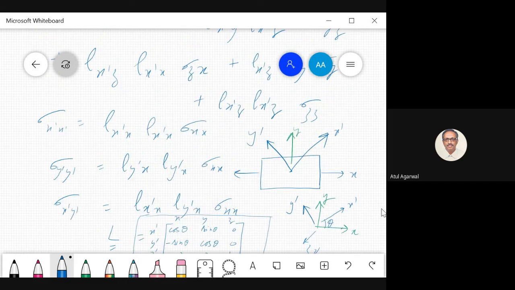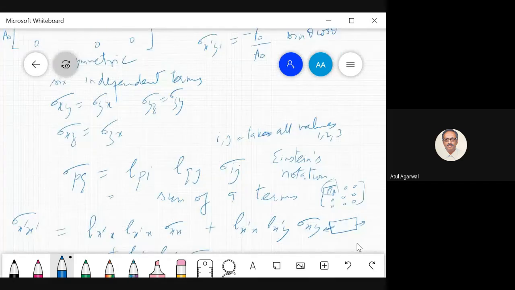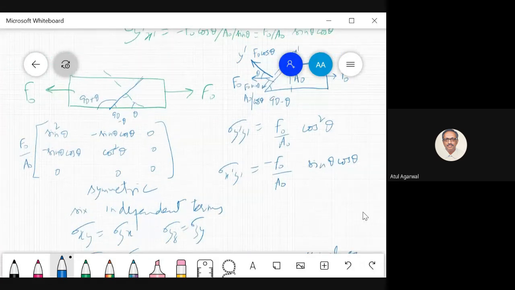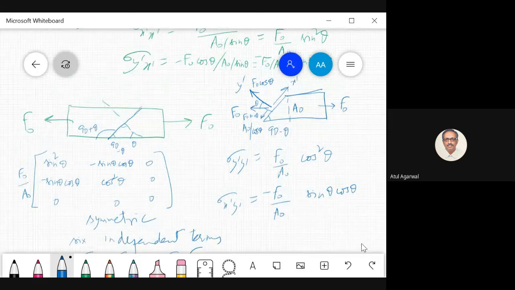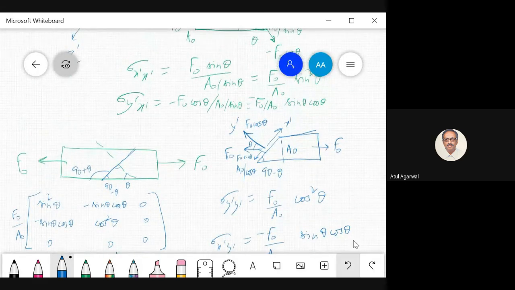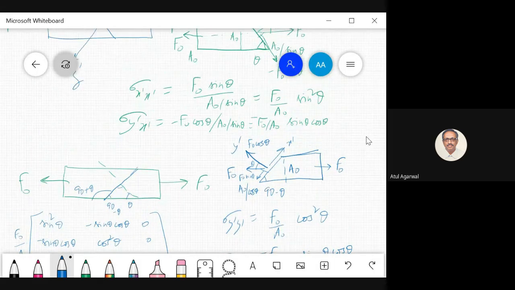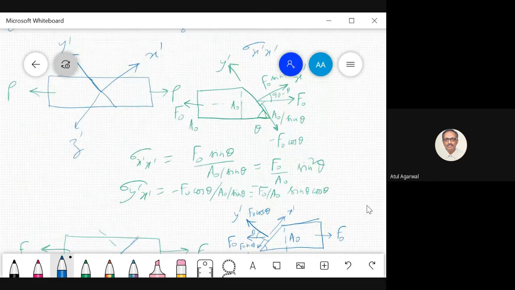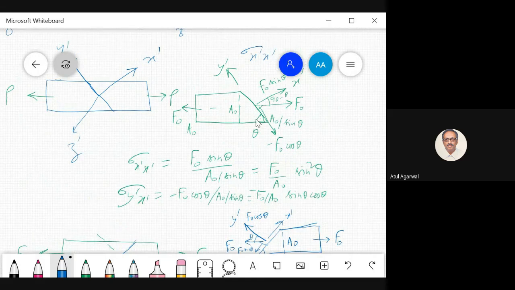So sigma x prime becomes cos square theta sigma xx. You go back. Okay, you see here I had taken theta as this angle.